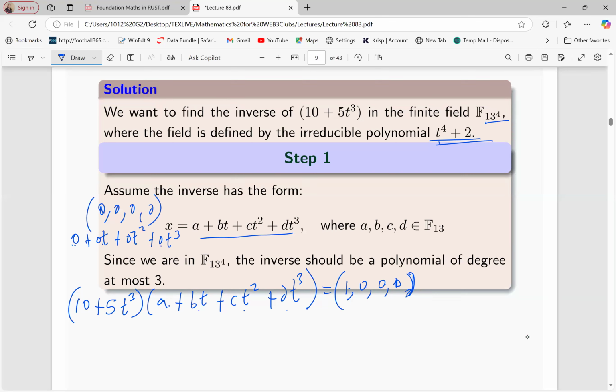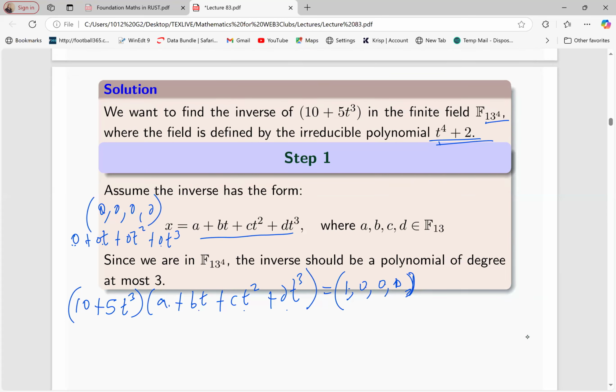This is the identity under addition. Under multiplication, the identity is 1 plus 0t plus 0t square plus 0t cubed.